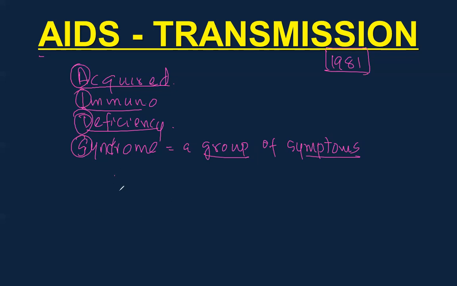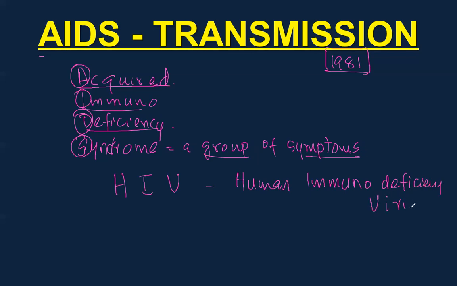Okay. It is caused by a virus called HIV, human immunodeficiency virus. Okay. How did this come to humans, right? There are many theories, but one of the most scientific theories is this.